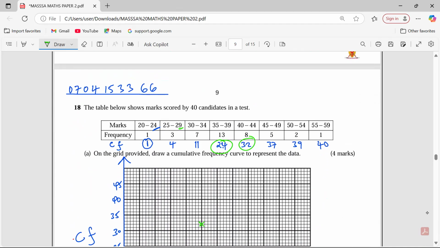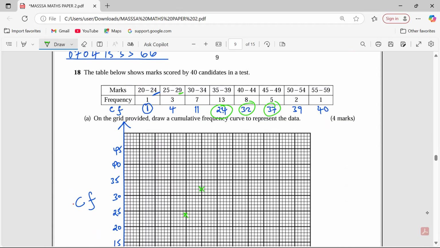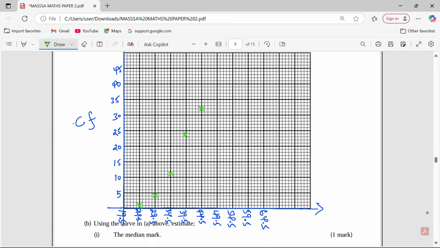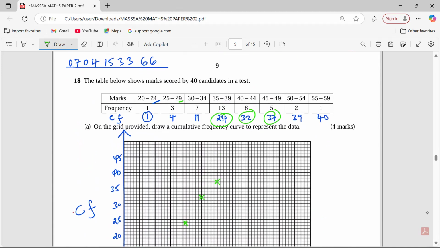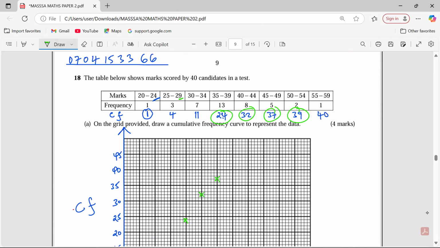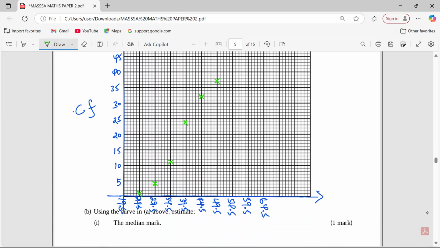Then after 32, we talk about 37. Just after 35, 37 will be found here. And after that, we have 39 and finally 40. So 39 will be at this point, and finally 40 that way.